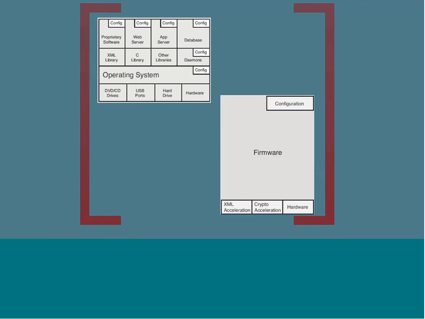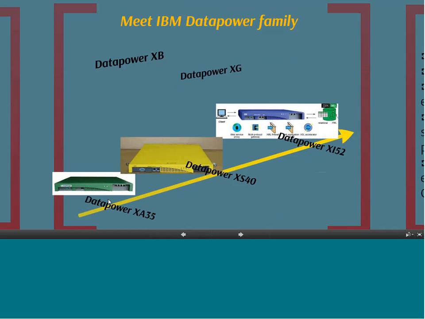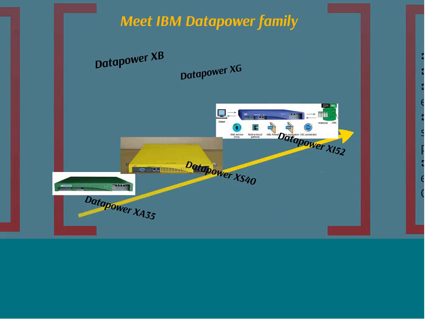Now, if I talk about the DataPower product family, you can see here I have tried to sketch it, and there are three main appliances. The youngest appliance is DataPower XA35, which has the capabilities for XML acceleration, and is meant only for that.